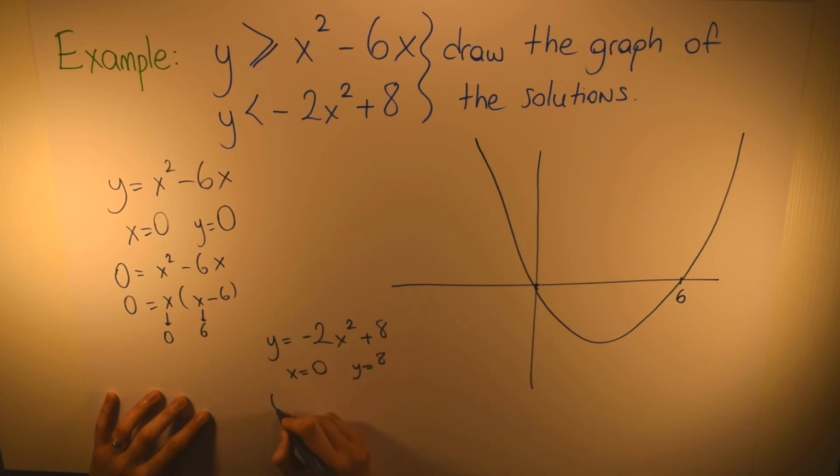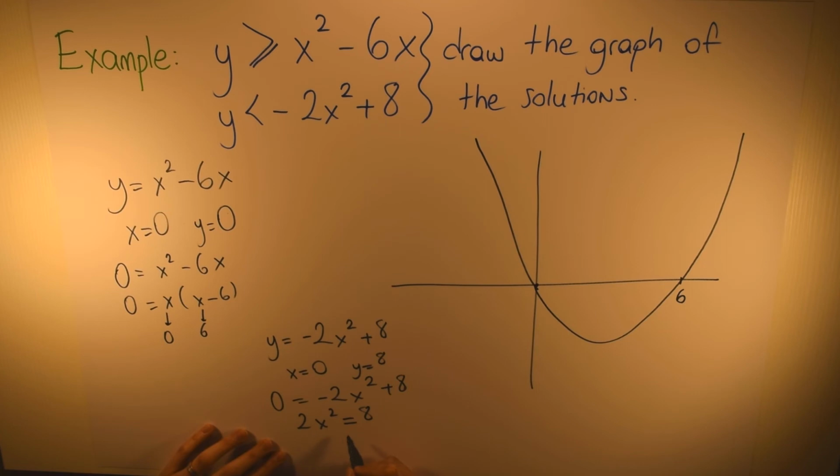When y is equal to 0, it's minus 2x squared plus 8. So when I put this here, 2x squared is equal to 8, and from here this will come to 4. So x squared is equal to 4.